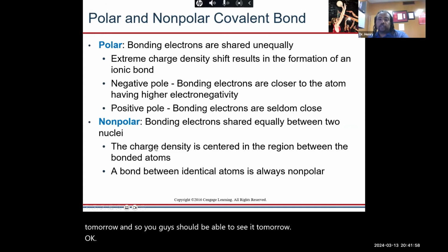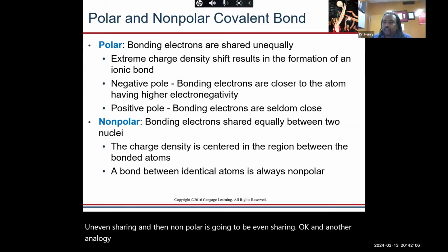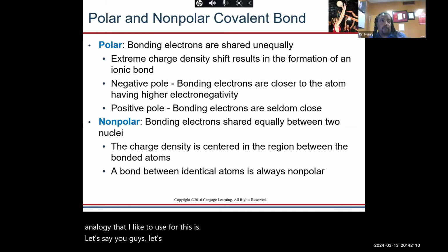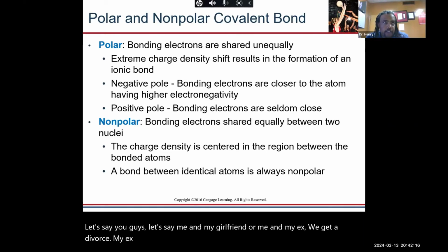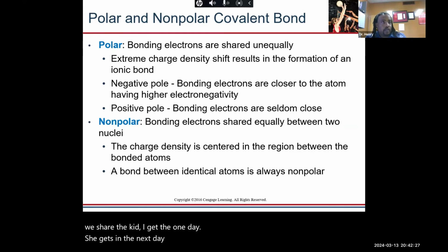So polar is going to be uneven sharing, and then non-polar is going to be even sharing. Another analogy that I like to use for this is, let's say me and my ex-wife get a divorce. But we have a kid, and if we share the kid, I get them one day, she gets them the next day, and we go back and forth, right?